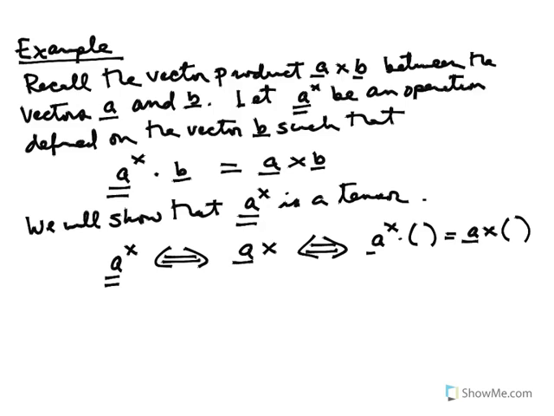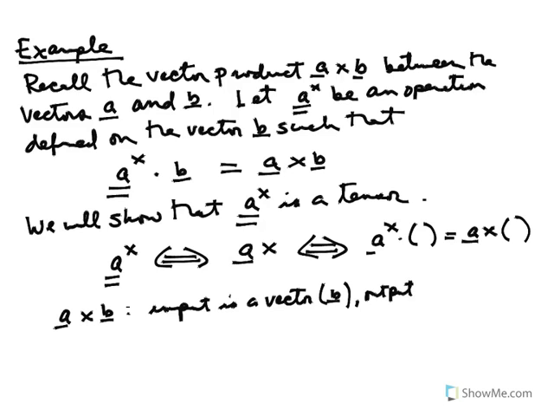We do it as follows: A cross B, the input is a vector. In this case, that vector is B, and the output is a vector. What's the output? It's A cross B, right? So it satisfies the first condition of a tensor, which is that the input's a vector and the output's a vector. The second thing is if we take A cross with beta B plus gamma times C, what do we get?